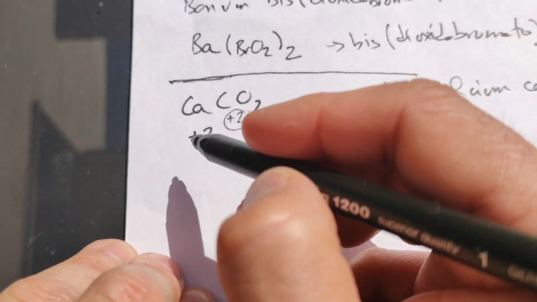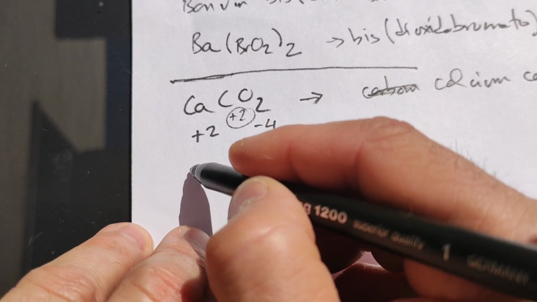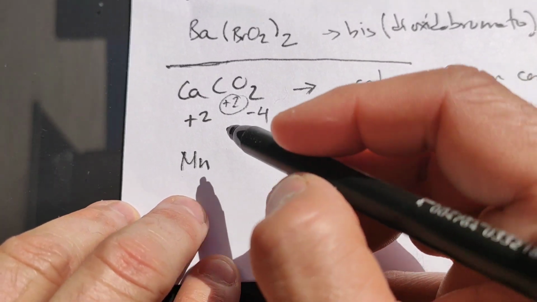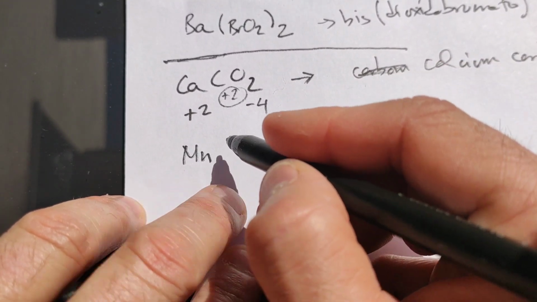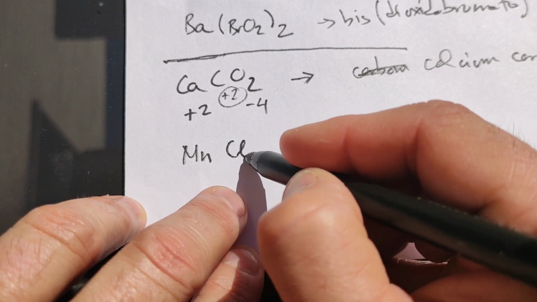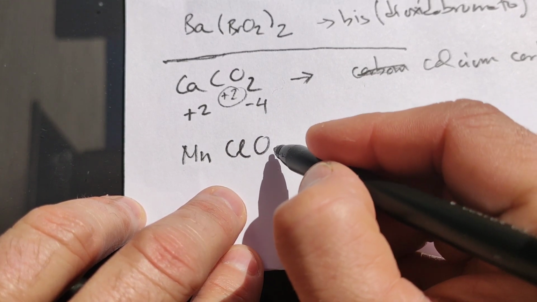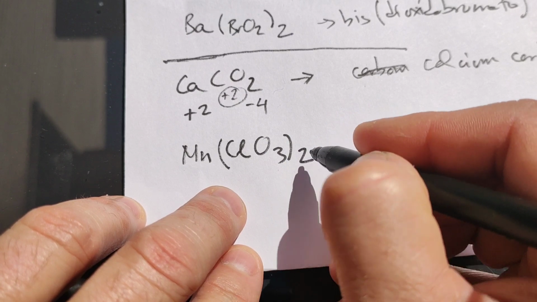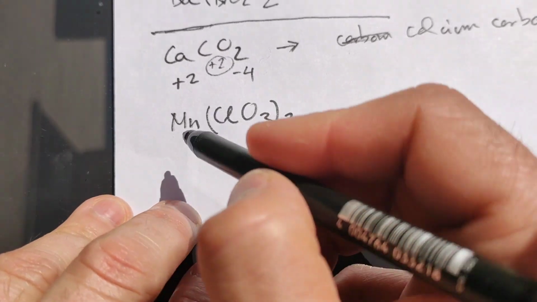Imagine we have, for example, a compound with manganese. With manganese is the most difficult because it has a lot of oxidation states. For example, Mn(ClO3)2. Okay, then we say manganese.